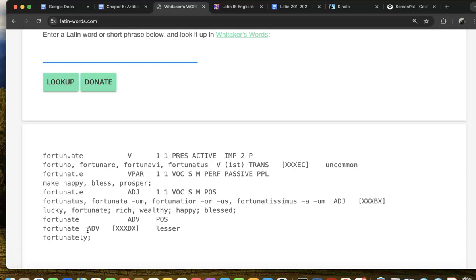I think this is in the context of Cicero's Stoicism and the idea of fortune or chance or fortuna.